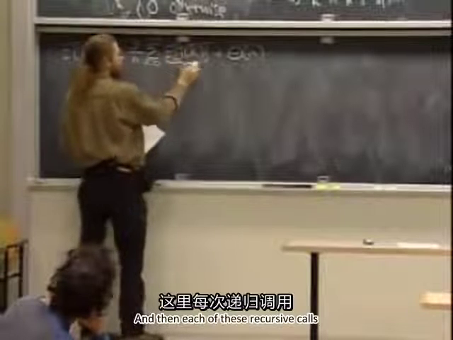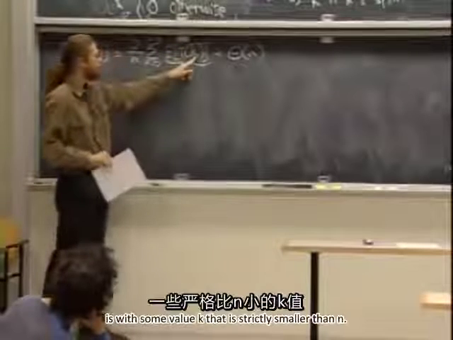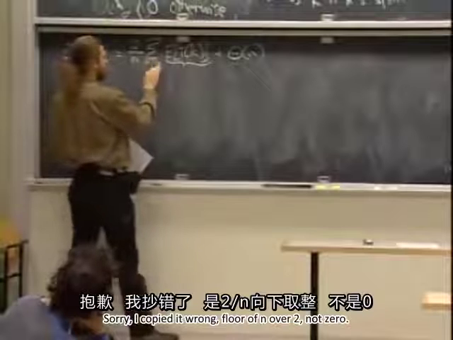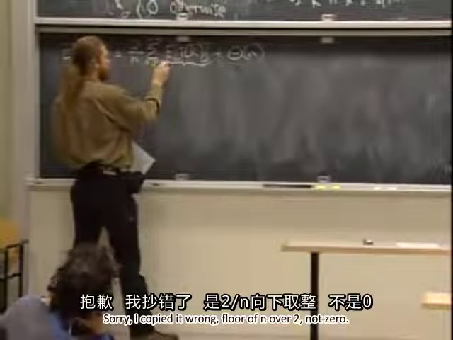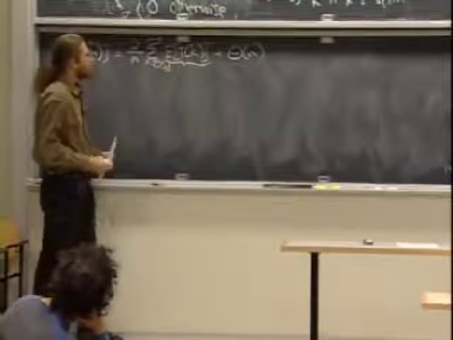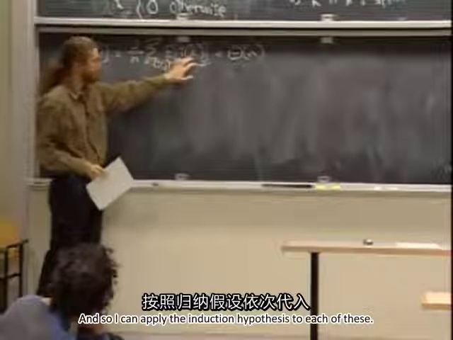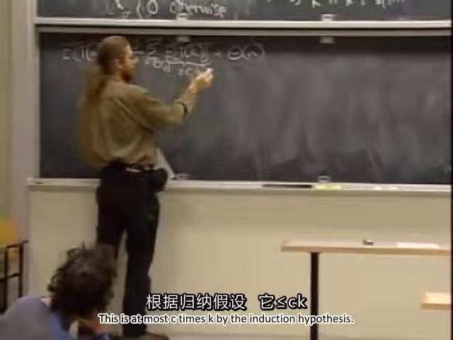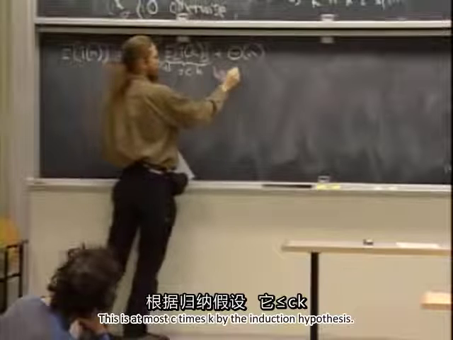It's at most this, so copy that over. Okay, and then each of these recursive calls is with some value k that's strictly smaller than n. Sorry, I copied it wrong. Floor of n over 2, not 0. And so I can apply the induction hypothesis to each of these. This is at most c times k by the induction hypothesis.